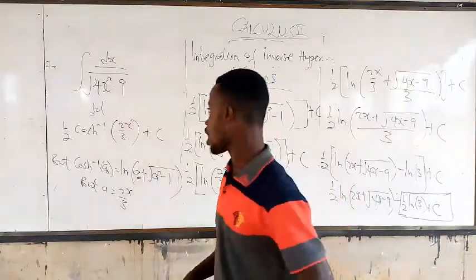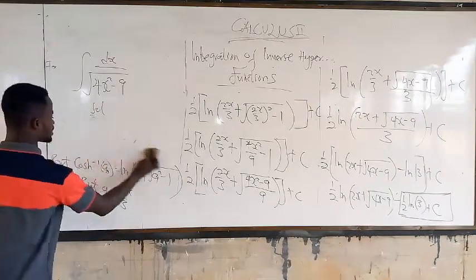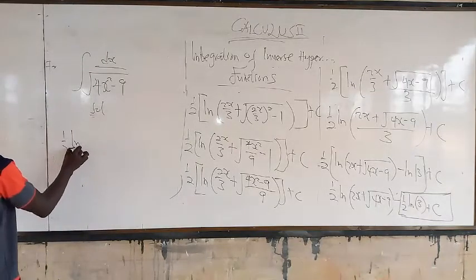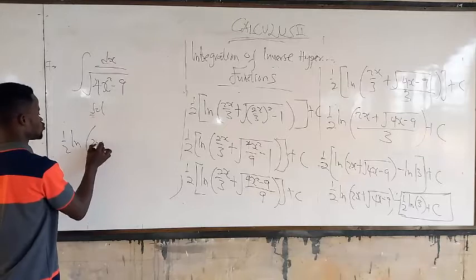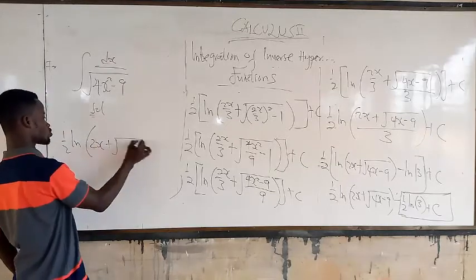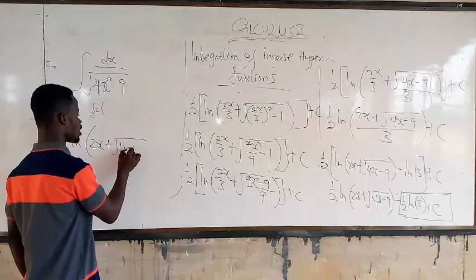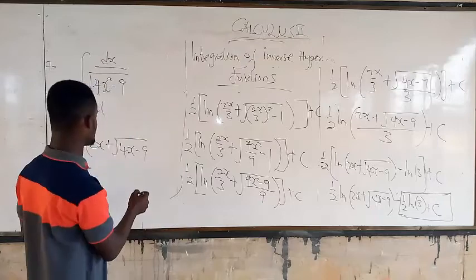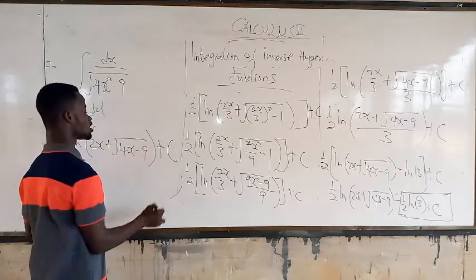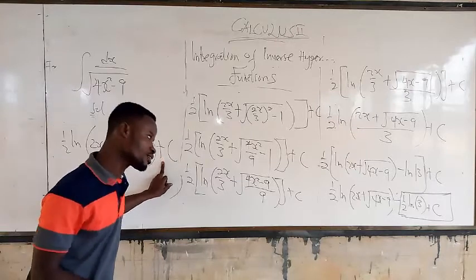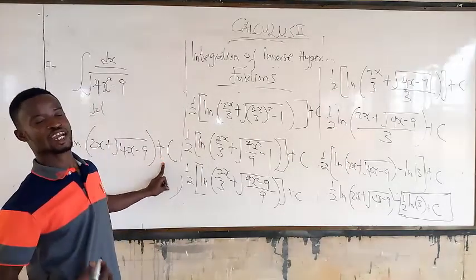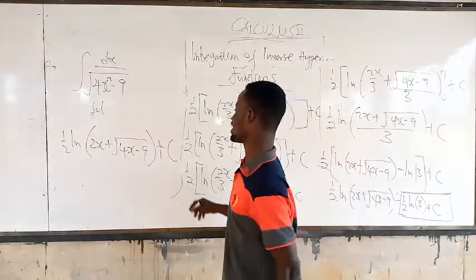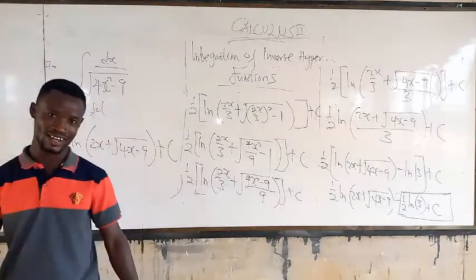So in all, we are going to finally get half ln of 2x plus square root of 4x squared minus 9, plus c. You can make it minus c or plus c. It's still a constant. So everything resolves to a constant. And that will be the final answer for that.